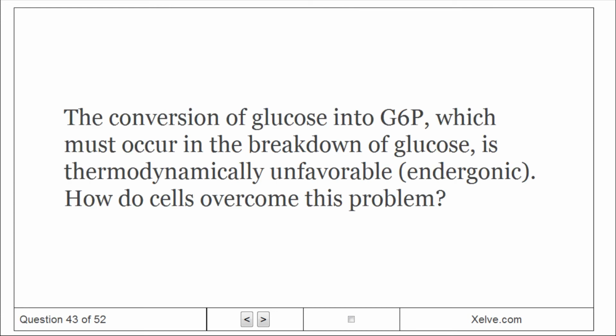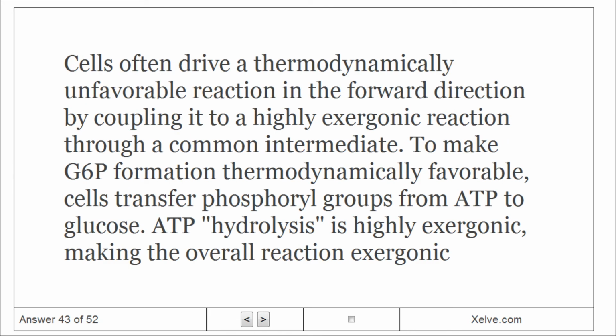The conversion of glucose into G6P, which must occur in the breakdown of glucose, is thermodynamically unfavorable. How do cells overcome this problem? Cells often drive a thermodynamically unfavorable reaction in a forward direction by coupling it to a highly exergonic reaction through a common intermediate.